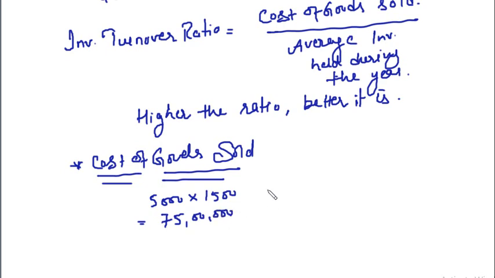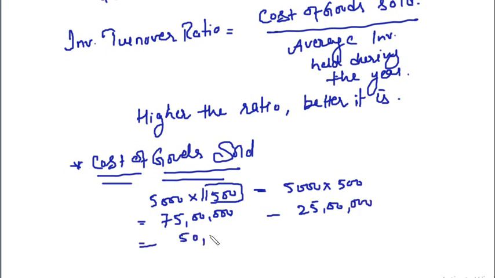Right? Now, this 1,500 contains two elements. It contains 500 as the profit. So if I reduce this profit 500, how much? 25 lakhs. I will get the cost of goods sold, 50 lakhs.